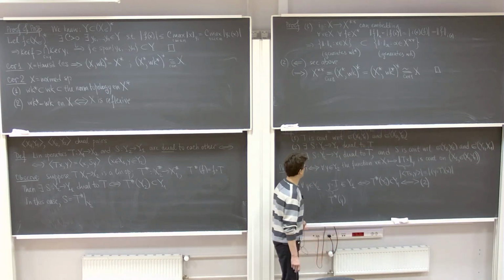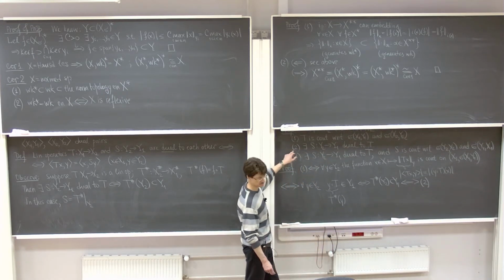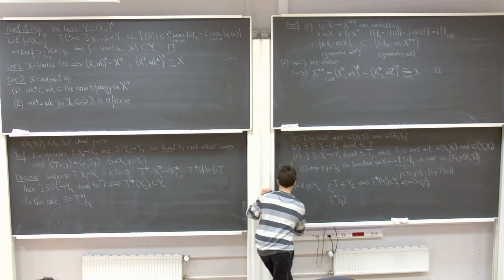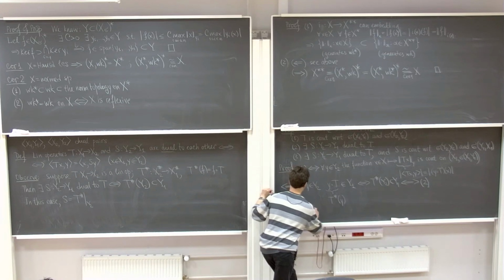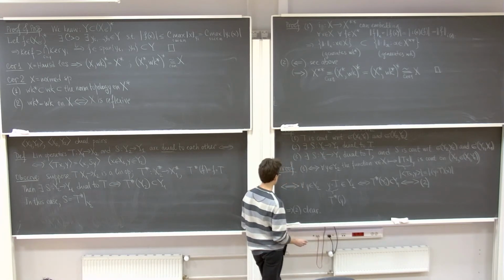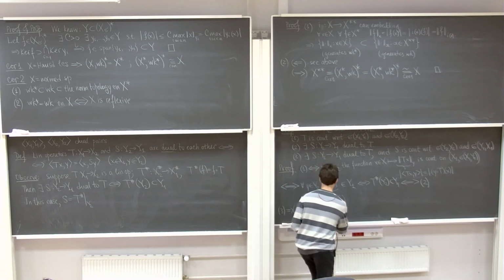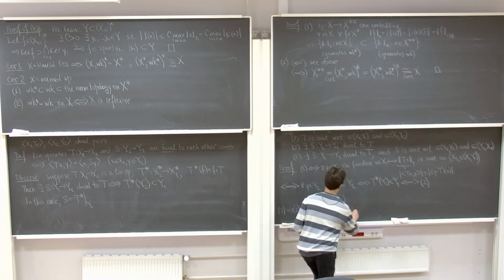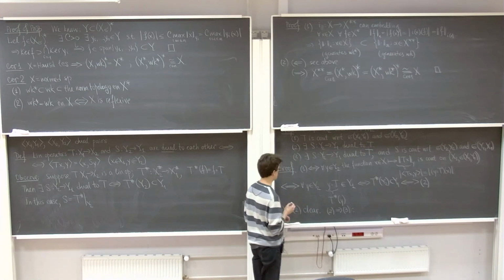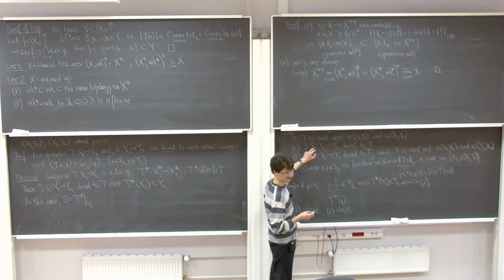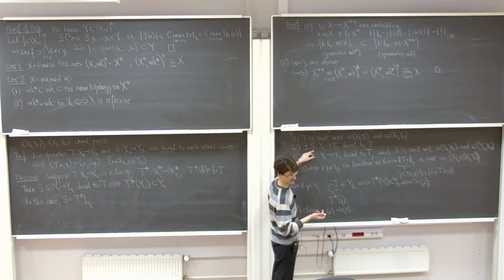Now it's clear that 3 implies 2. This is obvious. And to show that 2 implies 3, we observe that if S exists, then of course T is the dual of S. So S has a dual.